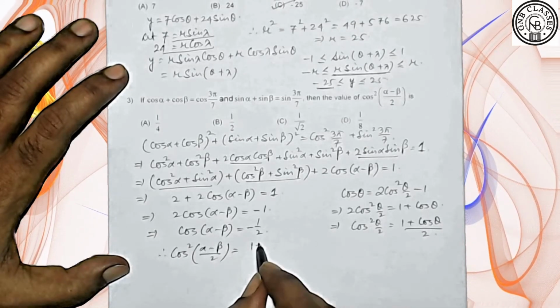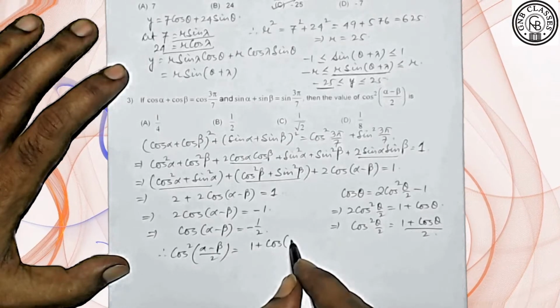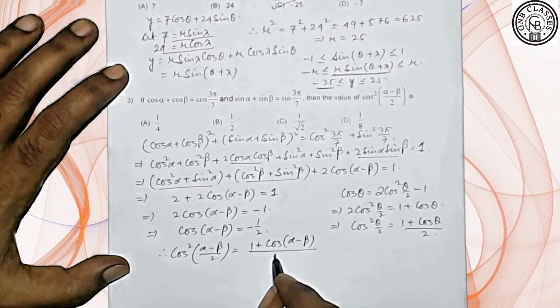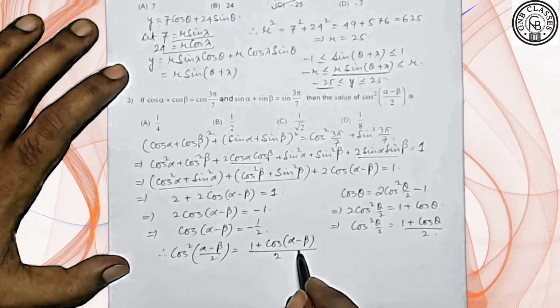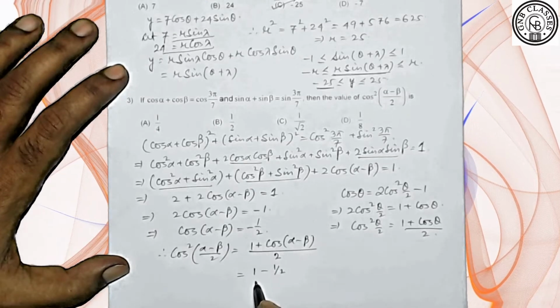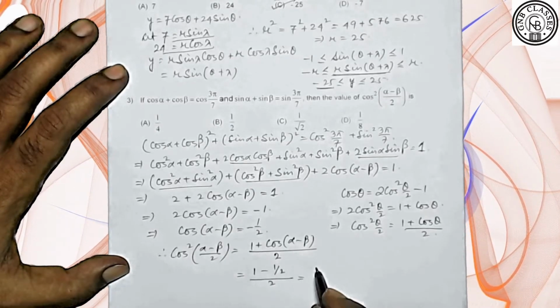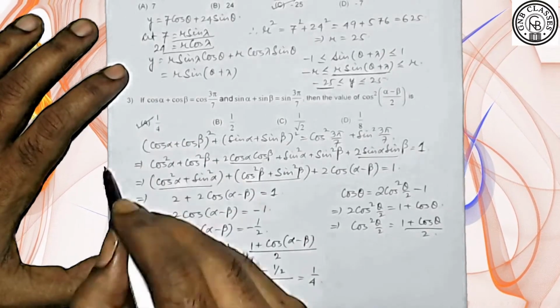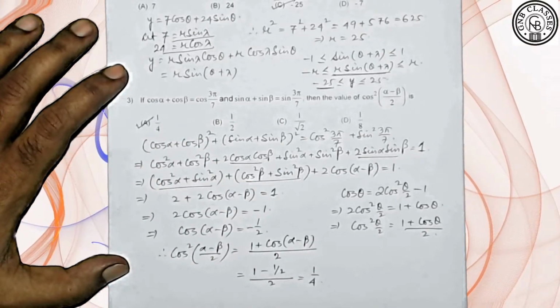So this is nothing but 1 plus cos alpha minus beta divided by 2. Okay. Now let me just plug the value of cos alpha minus beta, which is minus half. So that gives us 1 by 4. Hence option A is correct. Is it clear?